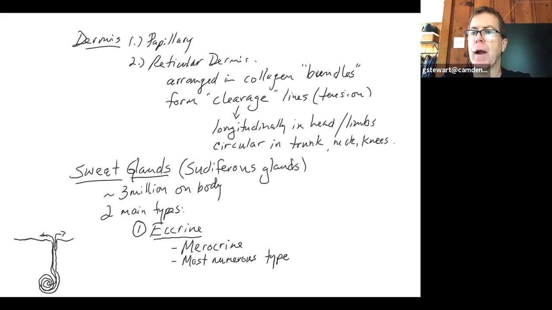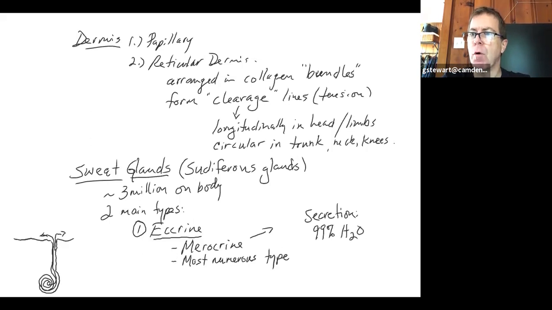So let's talk about, I'm just going to move over to this blank white space. I'm still talking about eccrine glands. I just don't want to layer on a whole another whiteboard for this. So the secretion that is released by eccrine sweat glands is 99% water.